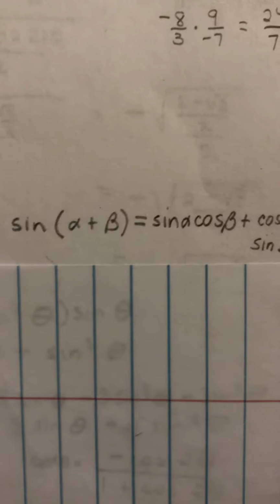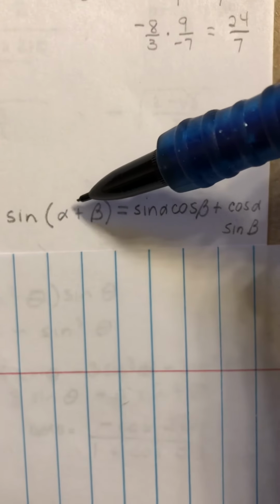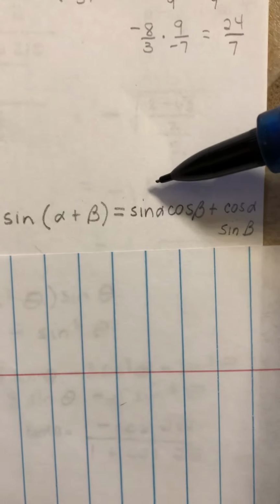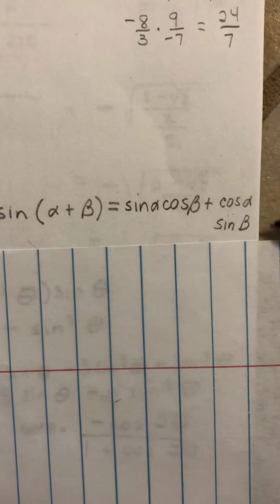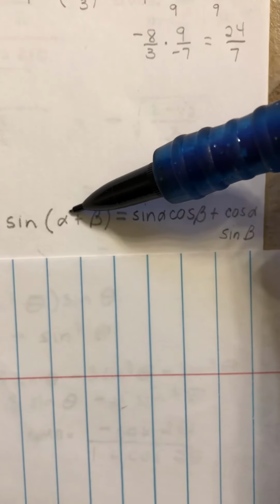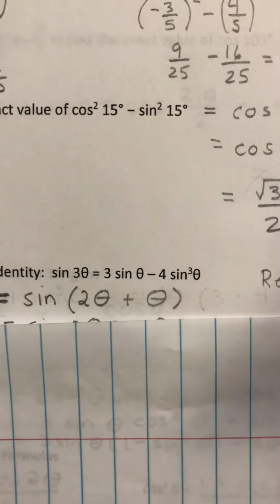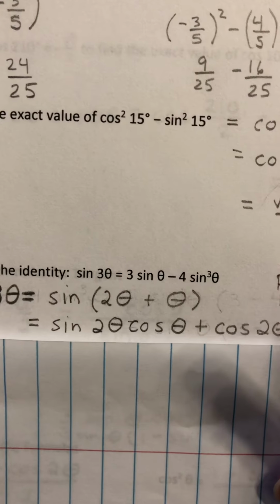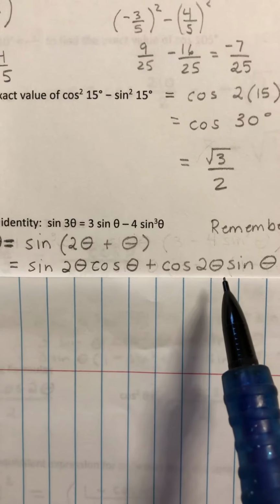In our previous chapter, we had a theorem that the sine of alpha plus beta is equal to the sine of alpha times the cosine of beta plus the cosine of alpha times the sine of beta. So I'm going to use this with alpha being 2 theta and beta being theta. So that's how I'm getting this step here.